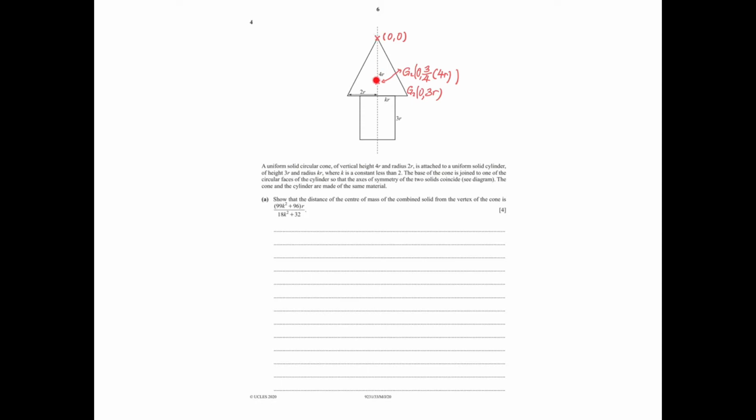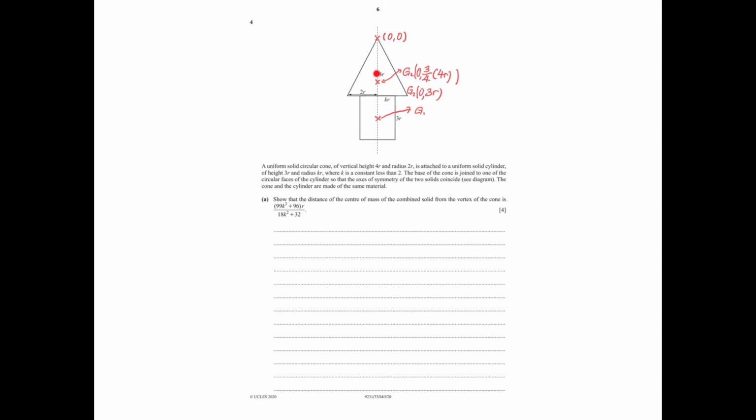Okay, so now let's look at the cylinder down here. Since this shape is geometric, we can easily determine the center of mass for this cylinder. Let's say I name it G1, at half of the height of the cylinder. It is given that the height is 3r and half of it is 3/2 r. We want to count the distance from the vertex here.